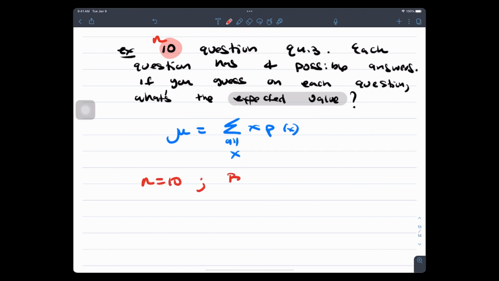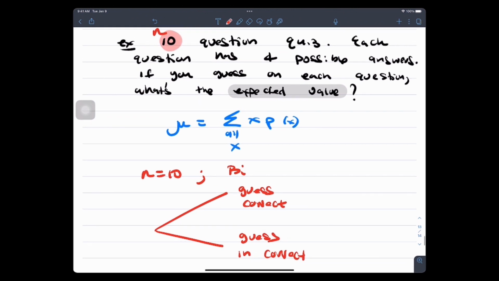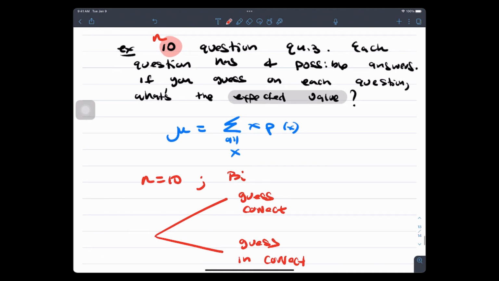This is a binomial situation because there are 2 outcomes for every trial. You can guess correct or you can guess incorrect. How do I know I'm guessing? They just told you. You're guessing on each question.